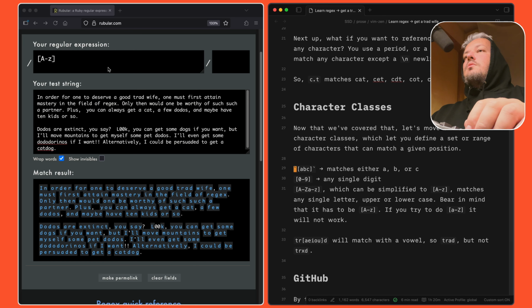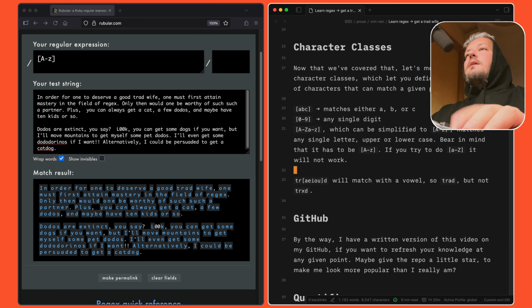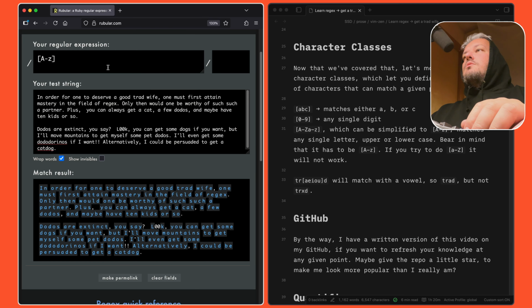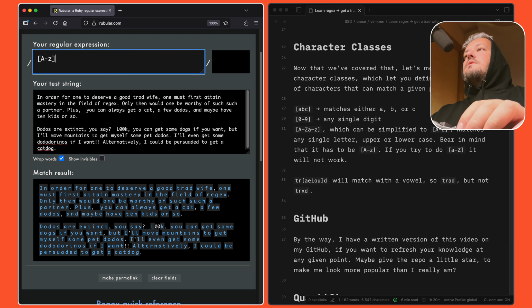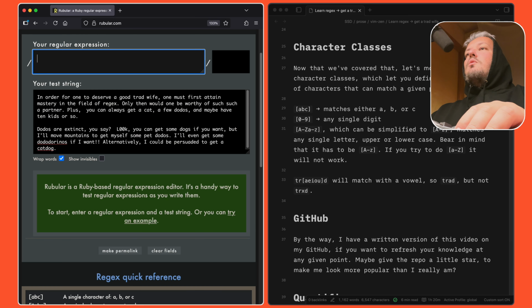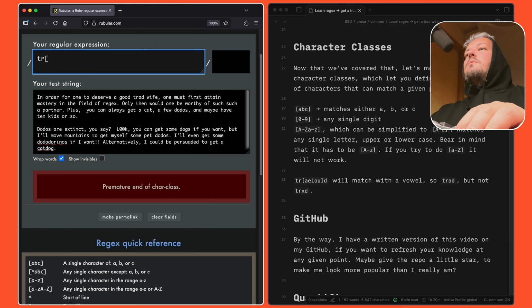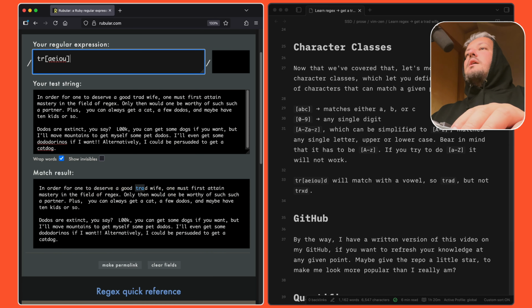Now, if we jump back here for a second. Another example of this would be, let's say we do TR, and then we do a, e, i, o, or u, and then D. So this will match trad, as you can see here, in tradwife.